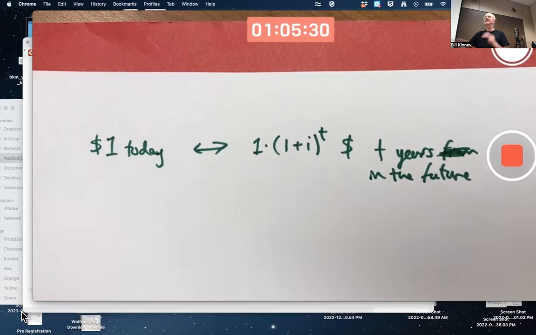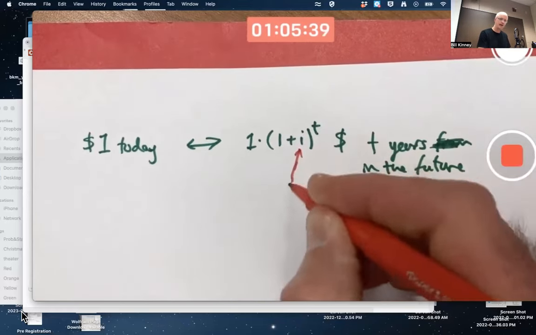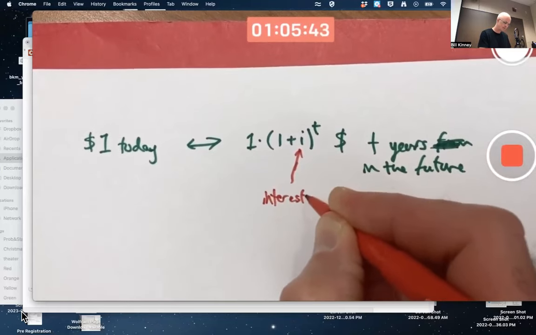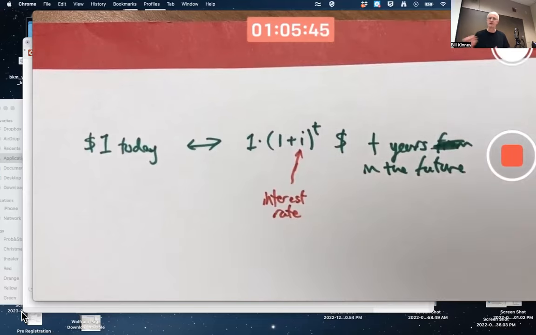What is i? It's not the imaginary unit. No imaginary numbers here. It's the so-called interest rate, because you can relate it to actual interest rates of investments. What is time measured in?